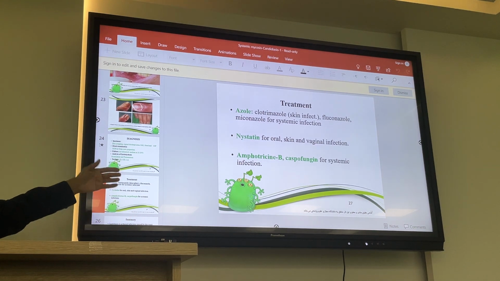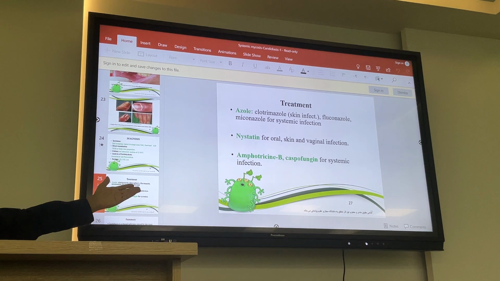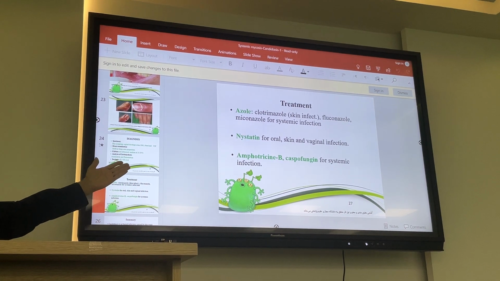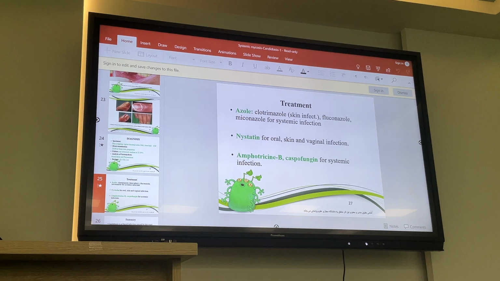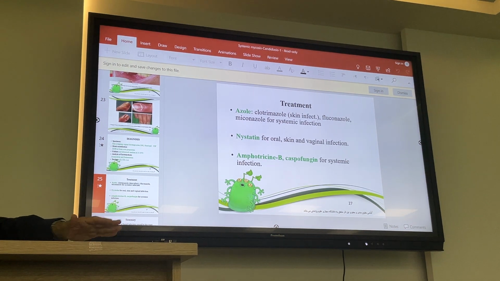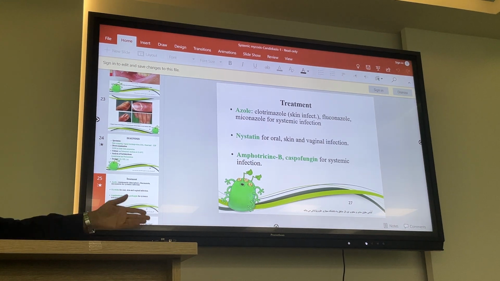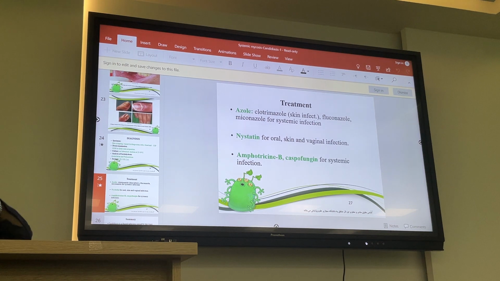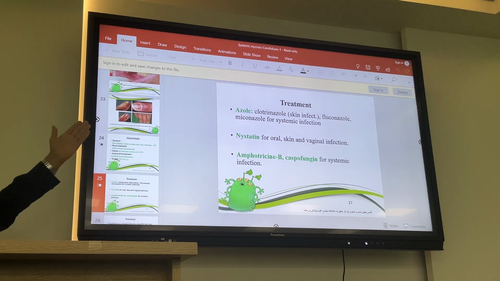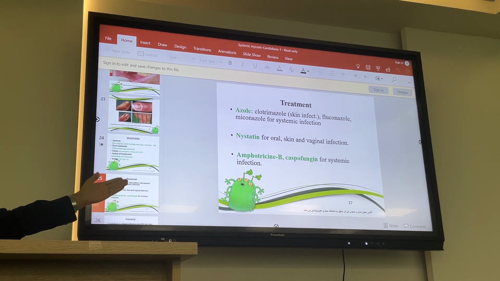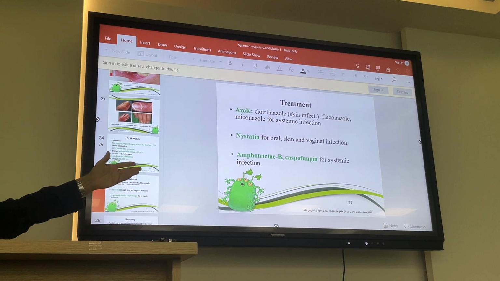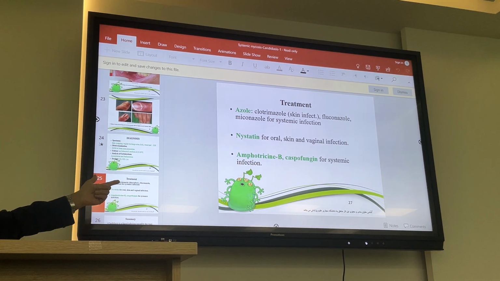In this condition, we can use another drug like amphotericin B. Amphotericin B is a general treatment for all systemic infections. But because it has side effects, in the liver and kidney, we use it at least, and use another drug like an azole, or in candidiasis caspofungin as a new antifungal drug.